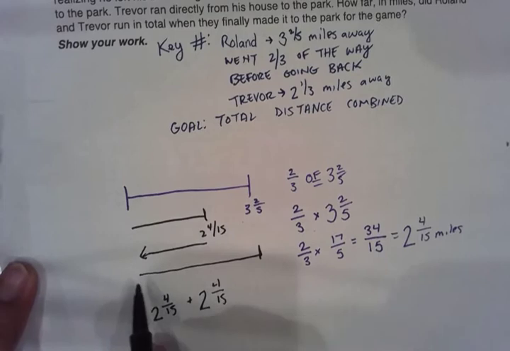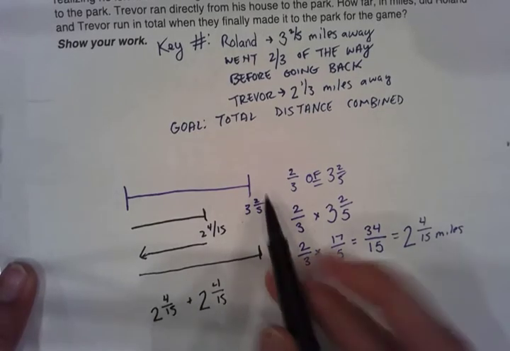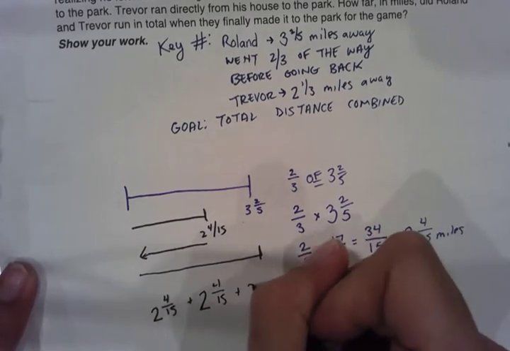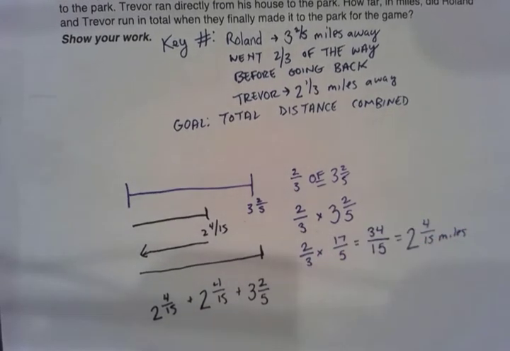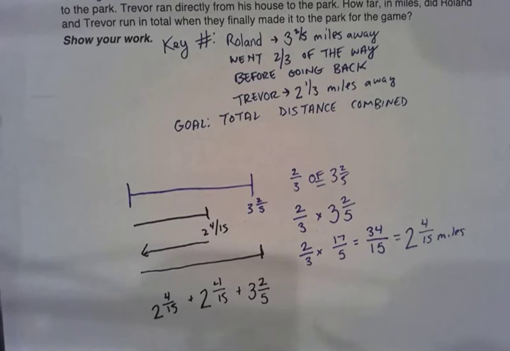And the last total trip, well, that's when that 3 and 2/5 is going to come into it. Now we have to add all three up. So I see 15, 15, and then a denominator of 5. Well, I know if I just multiply 5 by 3/3, I'm going to get a denominator of 15 as well.